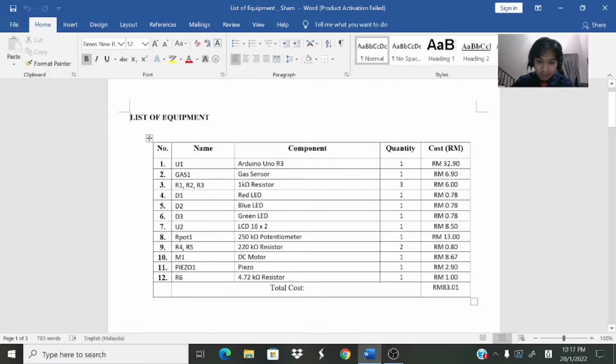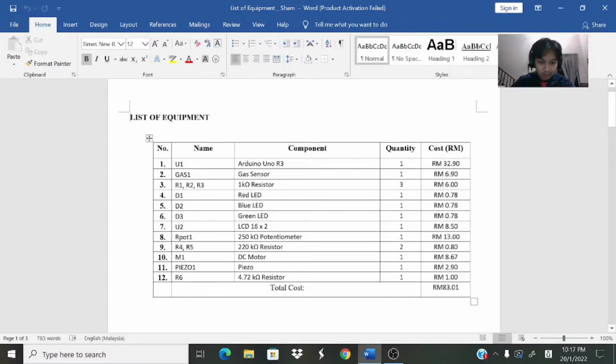And then we can see this is the final calculation of this product, which is RM6 for the 1 kilo ohm resistor.